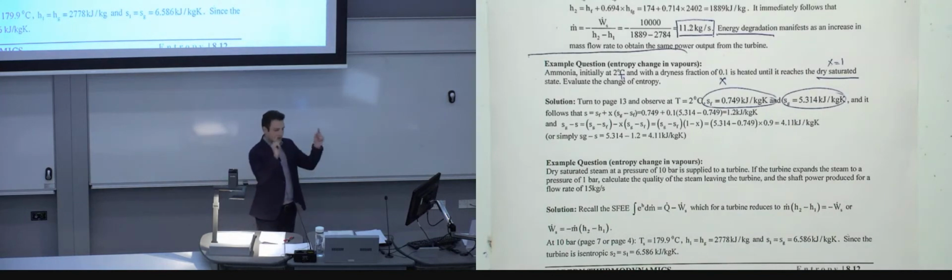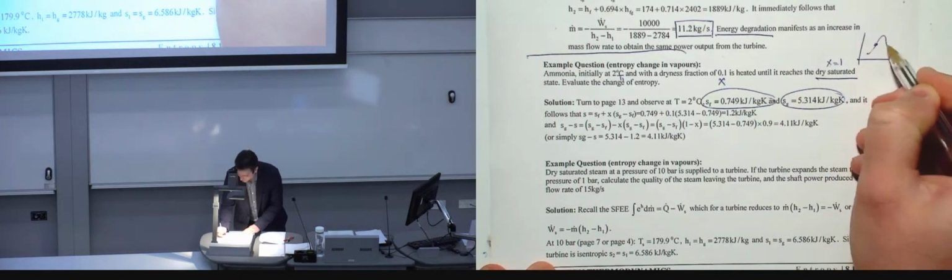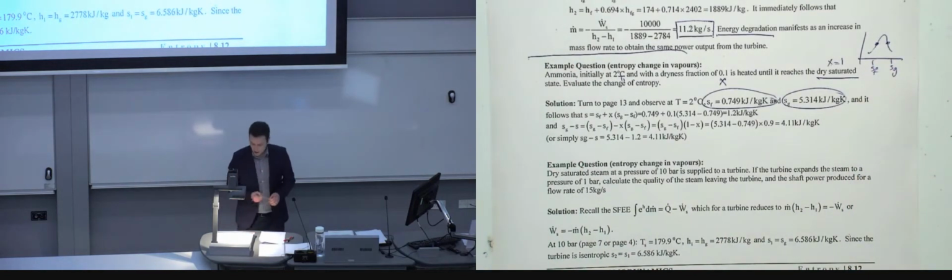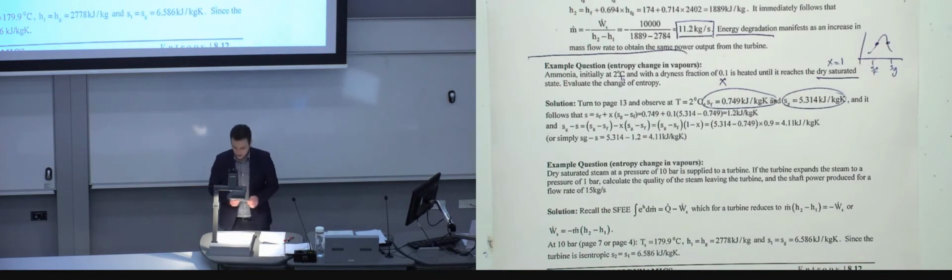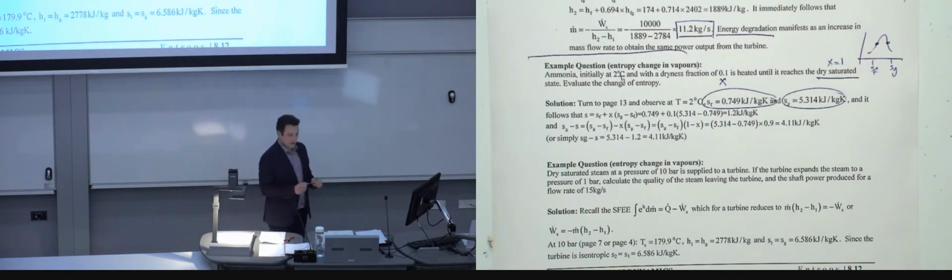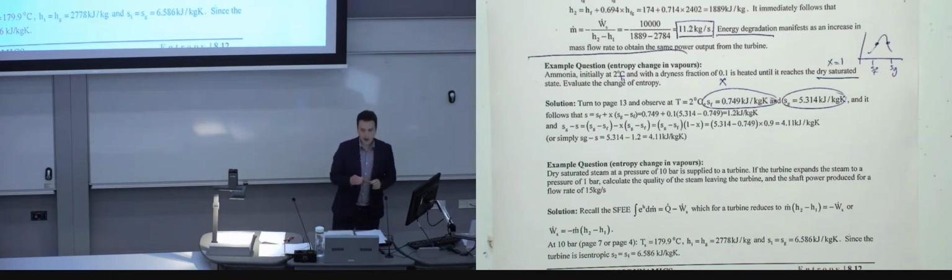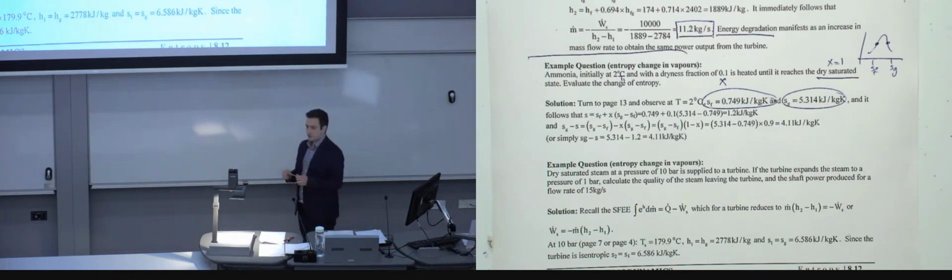You essentially find these 2 limits, dry saturated and dry. I'm looking at these 2 points here: that is SF and that is SG on this graph. Something you need to do then is find the actual entropy in your case.